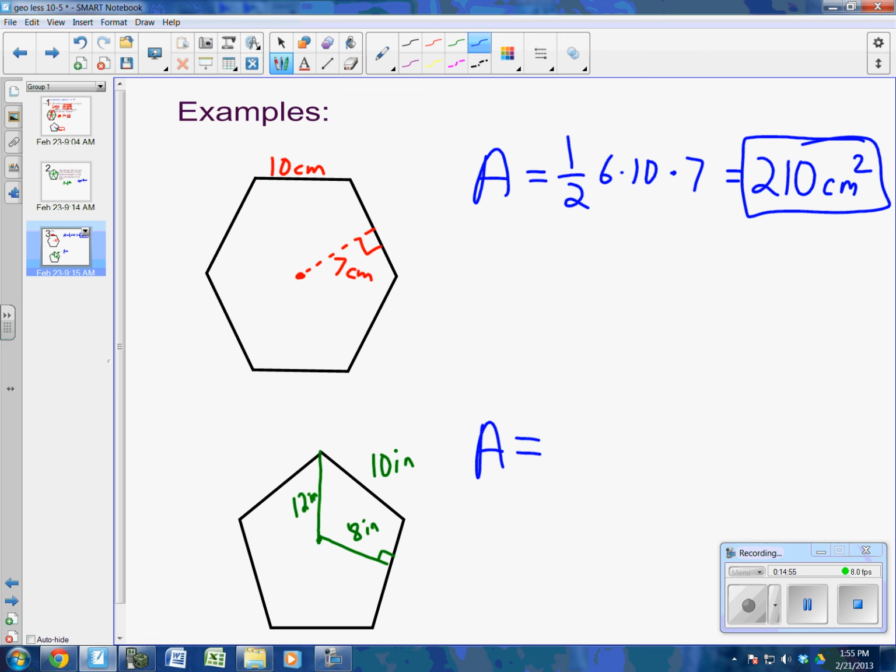So 1/2 the perimeter, which is 10 times 5, which is 50, right? Times the apothem, which is 8. Well, if you didn't know how long this was and you knew how long this was, you know that would be 5, and you can use the Pythagorean theorem to figure out that length right there.